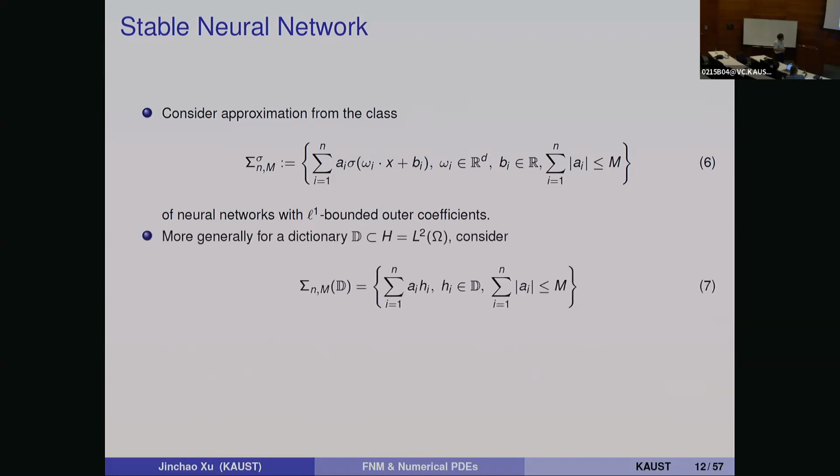And you can actually talk about the general dictionary if you're in approximation theory. Basically, you're given a set of functions D. You take all the combinations of this dictionary with coefficients bounded in the L1 sense.